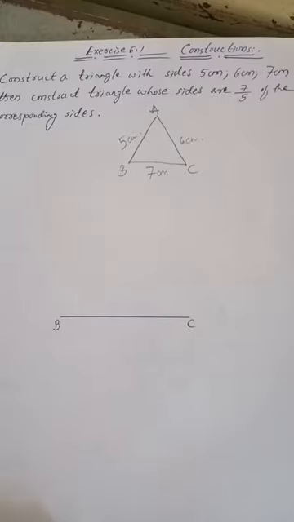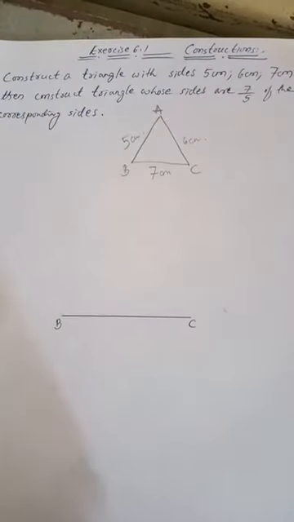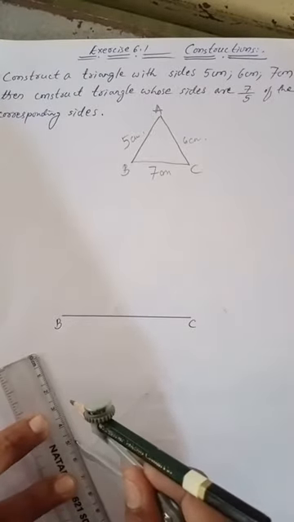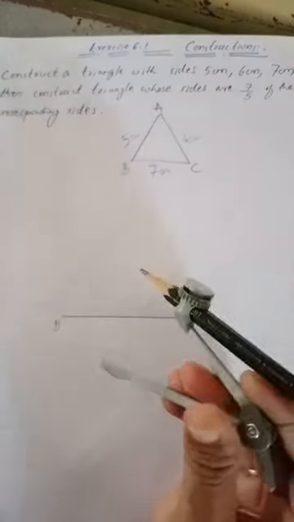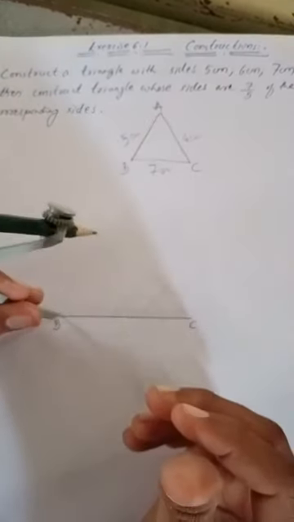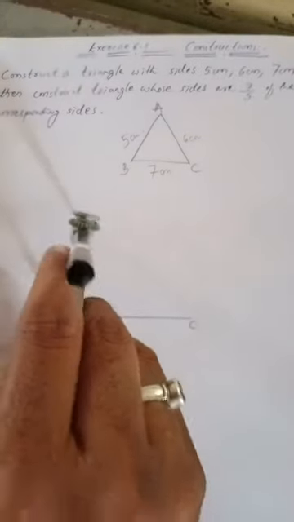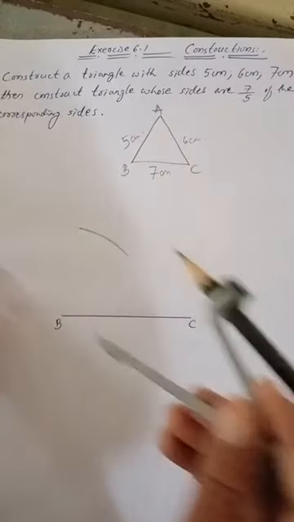Then you can observe here AB, which is of 5 cm. So use a scale, measure 5 cm here like this, and keep it on the B point. Then draw an arc like this.